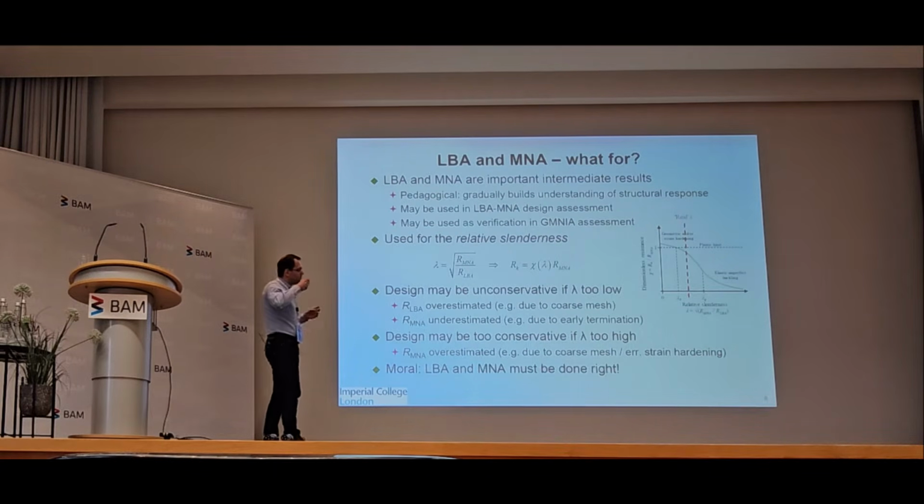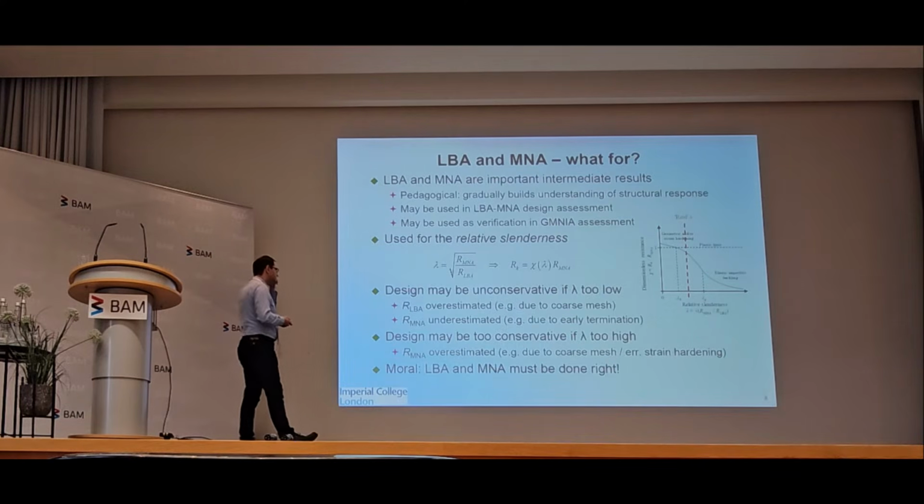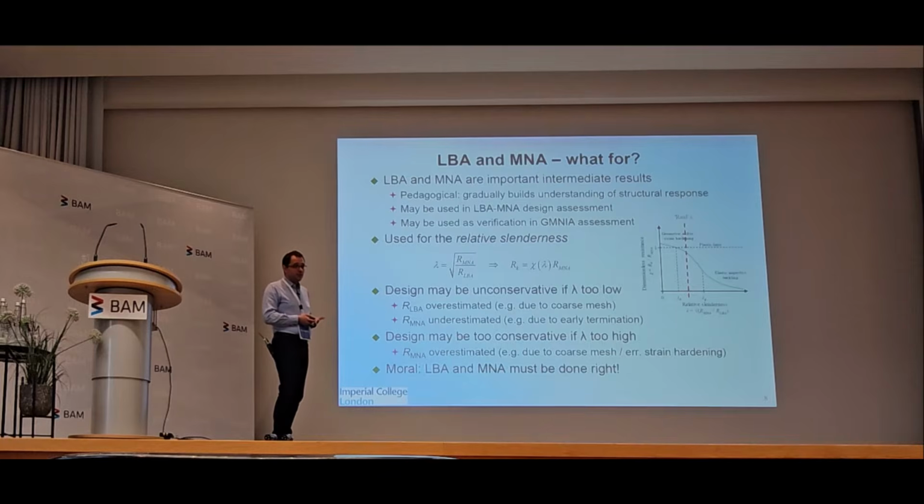Now, different things happen if either of these results are too high or too low. So for example, if you overestimate your LBA result because your mesh is coarse, if your LBA is larger than it should be, then this is a larger number than it would otherwise have been.